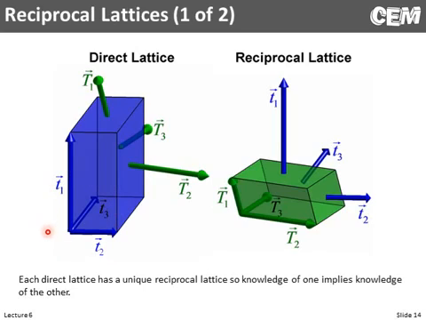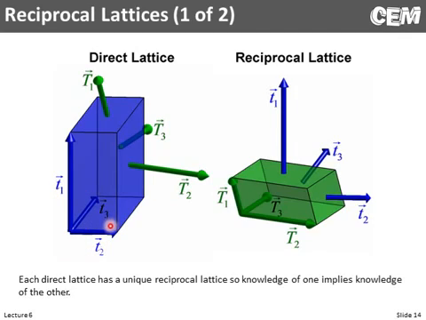And it's described by these three lowercase primitive translation vectors. In this case, they're pointing along the edges of what we'll call the primitive unit cell. We'll talk about that in a little bit. But this does not have to be 90 degrees. These can be oblique and at other weird angles with respect to each other.